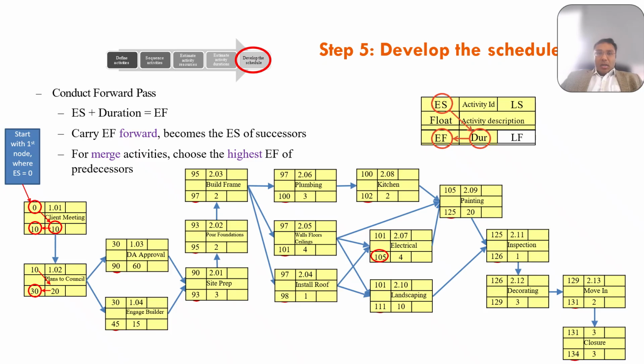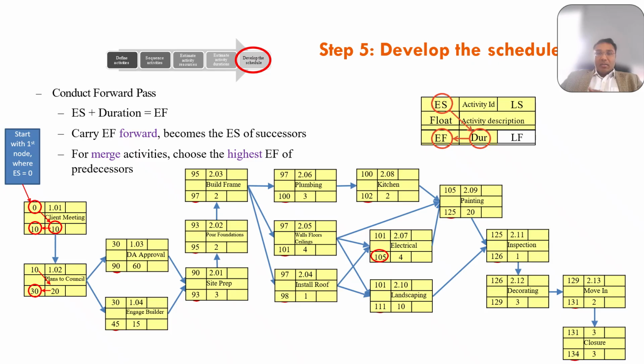So, what is the key takeaway from this? Now that we have completed the forward pass and established the early start and early finish, our next step is to do a backward pass to compute the late start and the late finish, because we have identified all the early starts and early finishes.